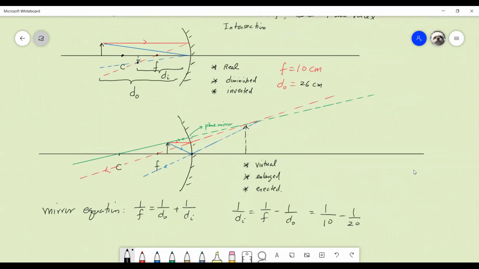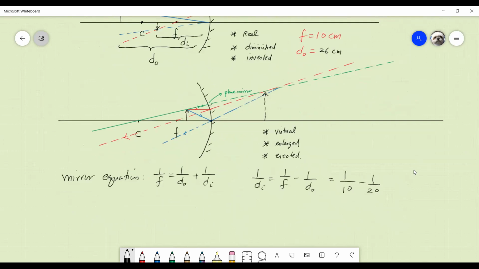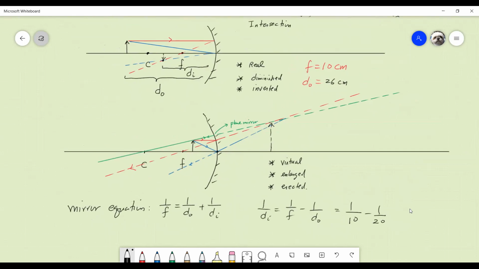I'm sorry, 26. So that will look like 260, and 26 minus 10 will be 16 divided by 260.